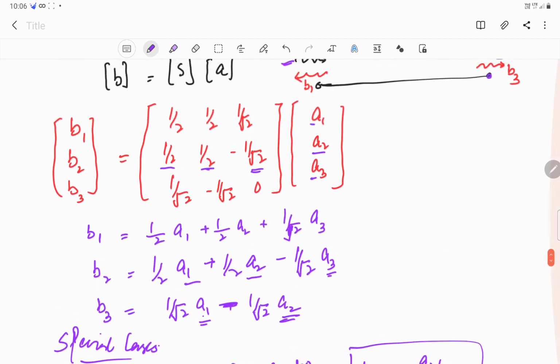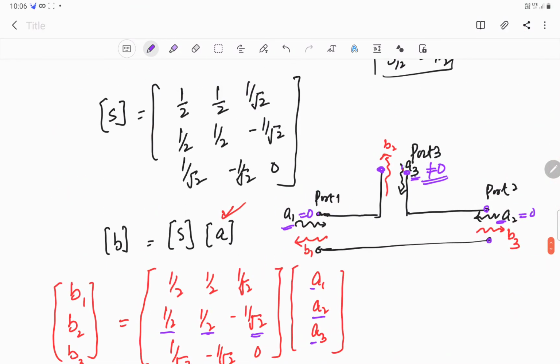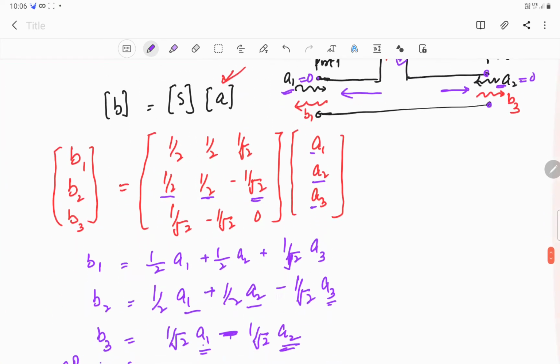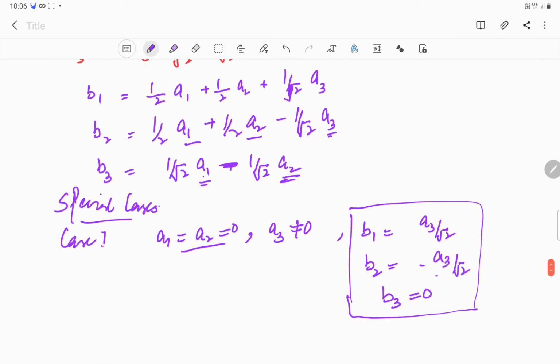If I am feeding a signal at port 3, it gets equally divided between ports 1 and 2, but with the introduction of a phase difference of 180. You see B1 and B2 are equal, A3 by root 2, A3 by root 2. The only thing is that B2 is minus times B1.